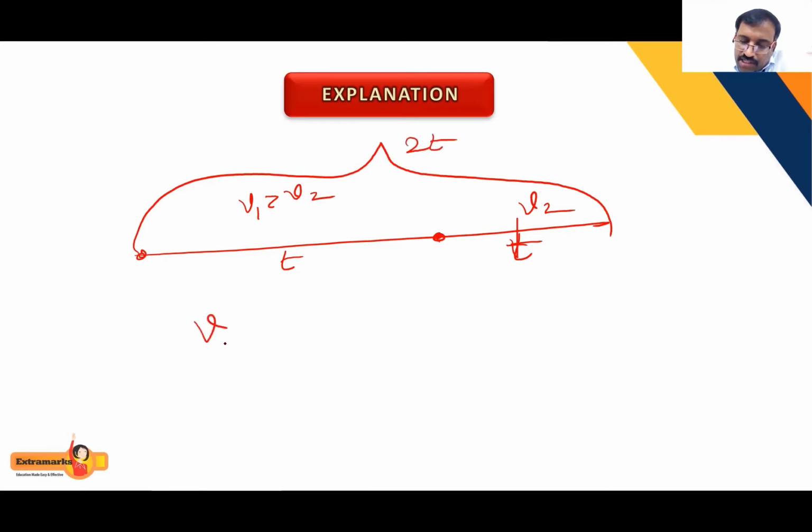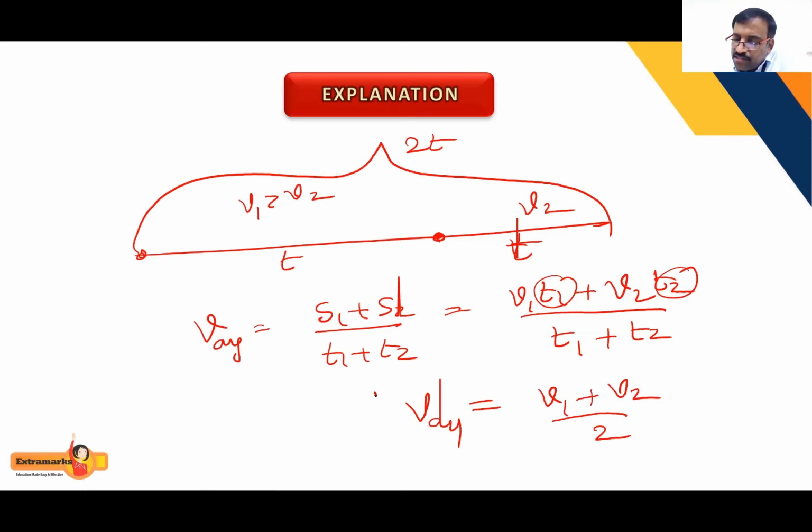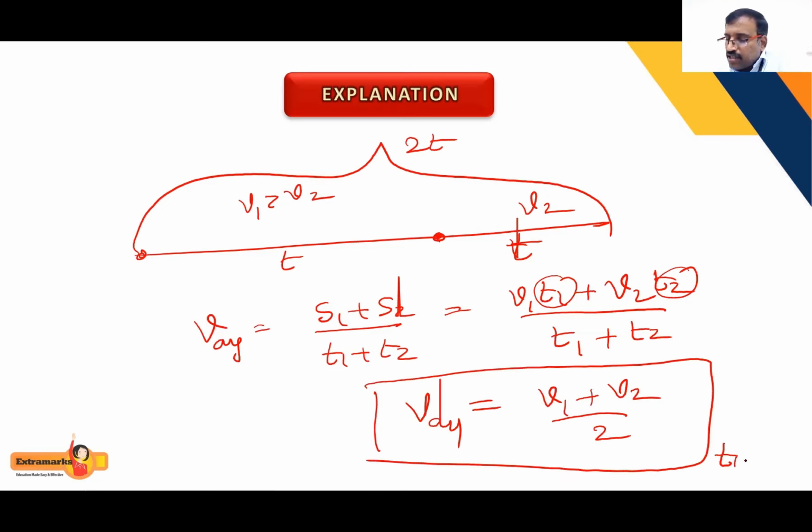Now the story is the same. V average is equal to S1 plus S2 by T1 plus T2. First you have to write the basic line. Then what is S1? S1 is not given, so V1 T1, S2 means V2 T2, by T1 plus T2. As you know, T1 and T2 are both t, so this will become 2t. Top t gets cancelled. Then the final answer will be V1 plus V2 by 2. This is V average when half of the times are given.